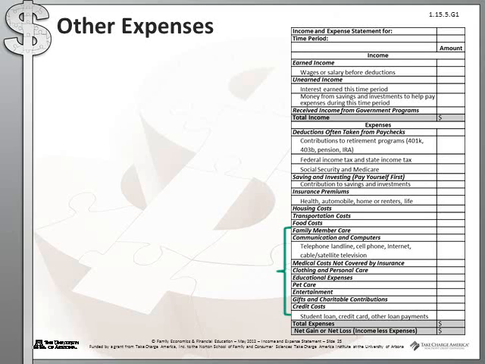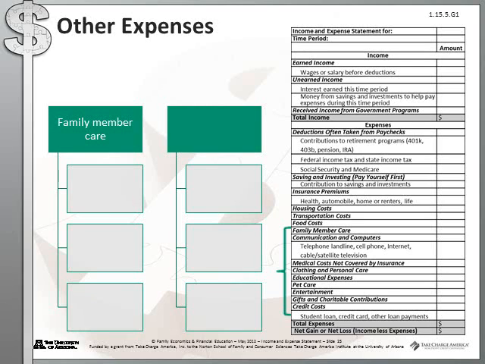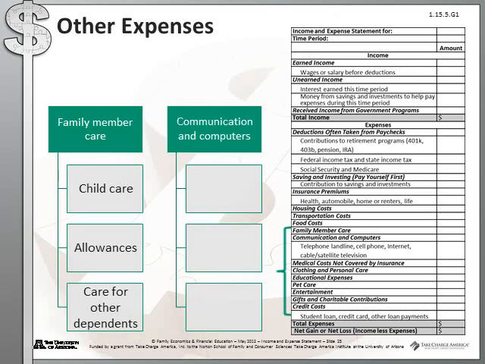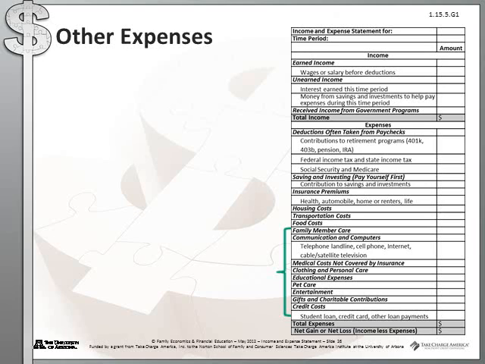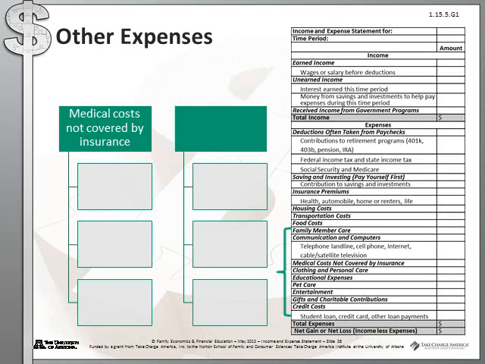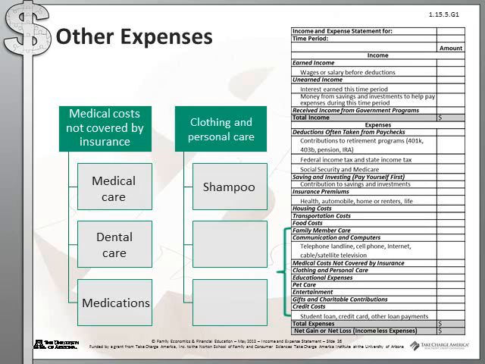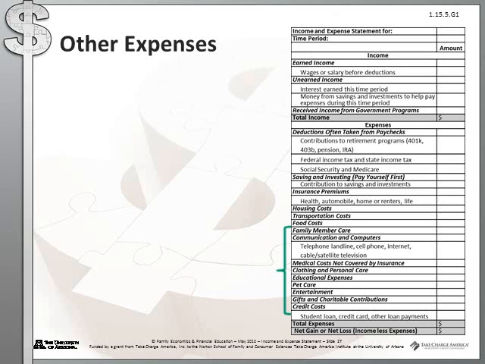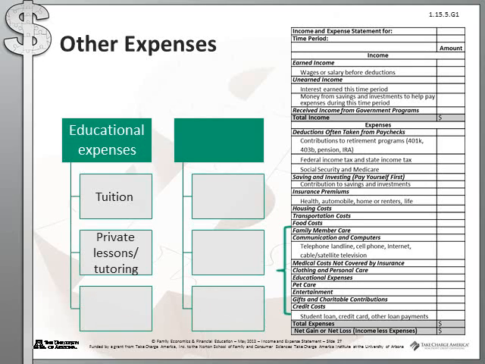You probably have other expenses too, like expenses related to caring for your family, communication expenses, some other expenses may include medical costs not covered by insurance, and expenses related to personal care, you may have educational expenses, or expenses related to caring for your pet.